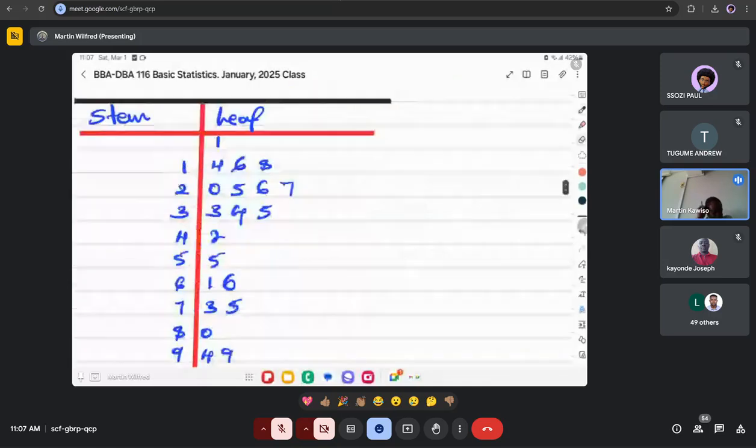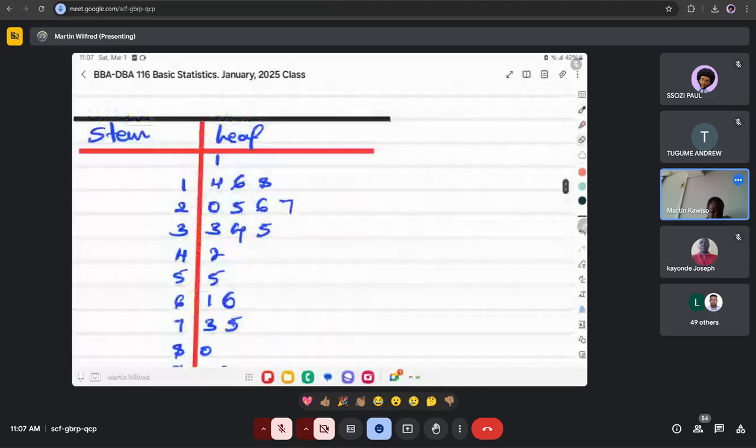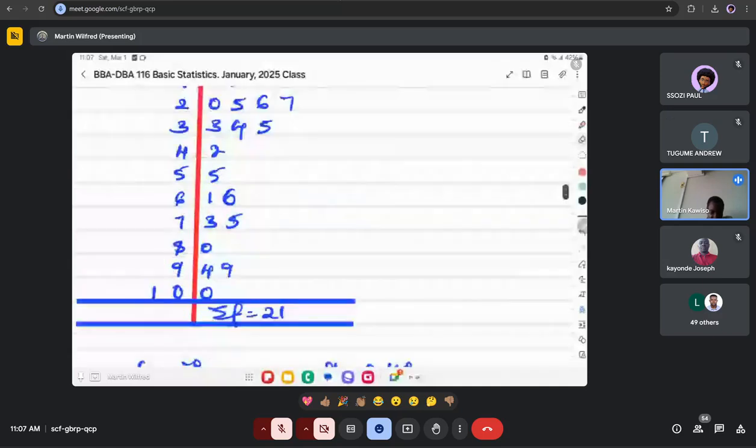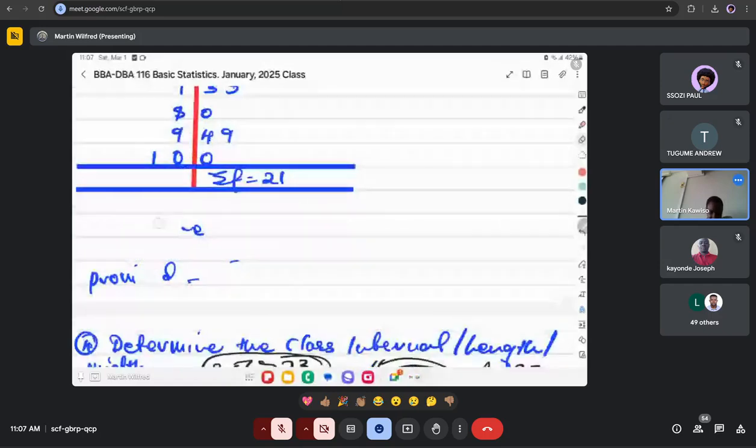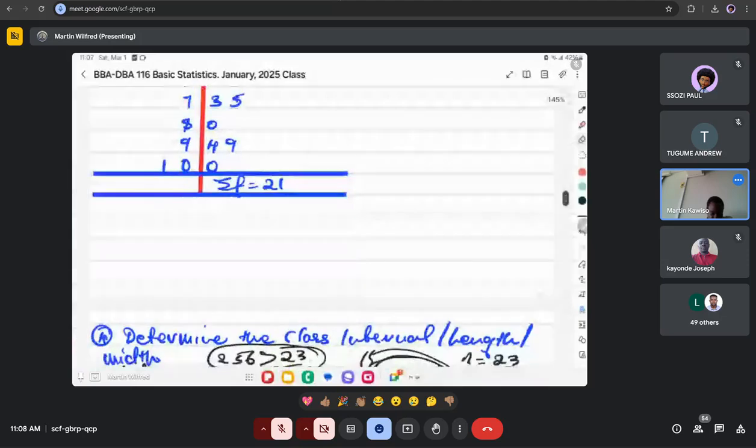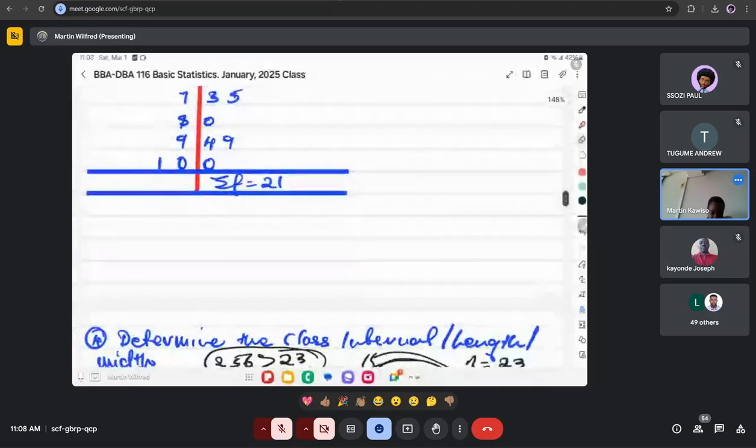Okay. Now let's say we construct a frequency distribution table using our stem and leaf plot.